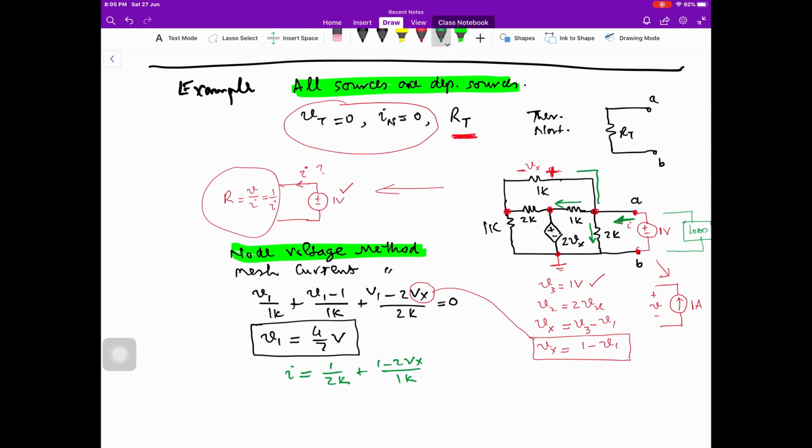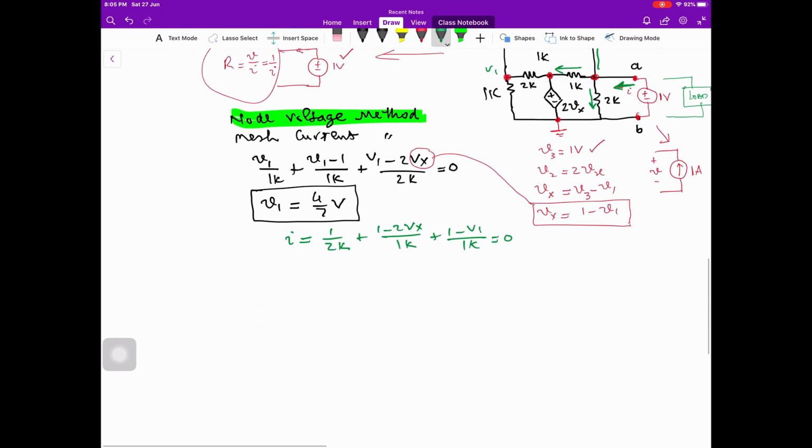And the current flowing in this direction is equal to 1 minus, what is the voltage here? Look at the circuit diagram. (1 minus V1) divided by 1K is equal to here. Take a few moments to understand this.